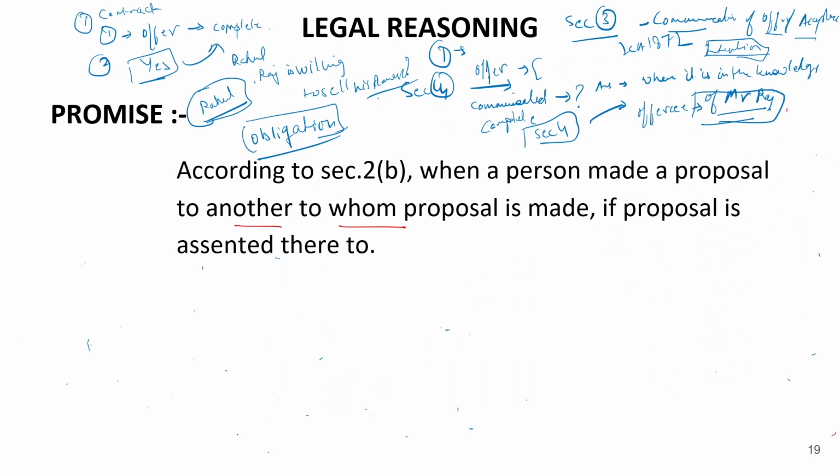After reading section 4 and going through the illustration mentioned, I'll give you one illustration under section 4. A proposes to sell his house to B at a certain price.